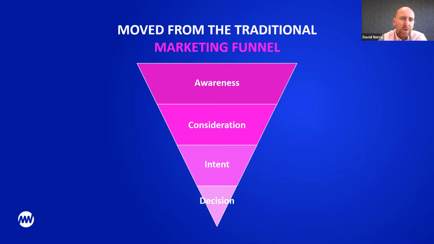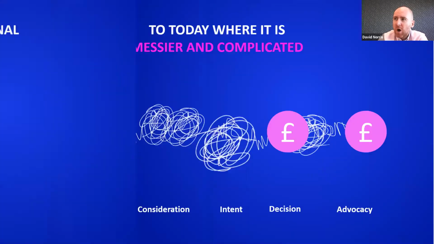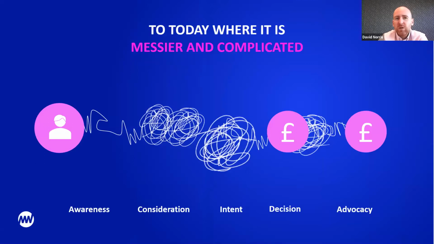What we've seen in pretty much every industry, and higher education is no different, is that that model has absolutely shifted. It's not necessarily that linear model. It's more complicated. Yes, there's that linear element, but the representation on screen with all the squiggles is probably more accurate, in the sense that it's not a linear process.